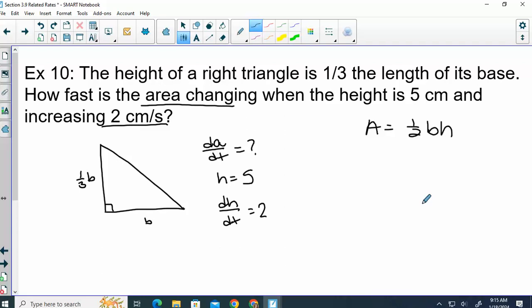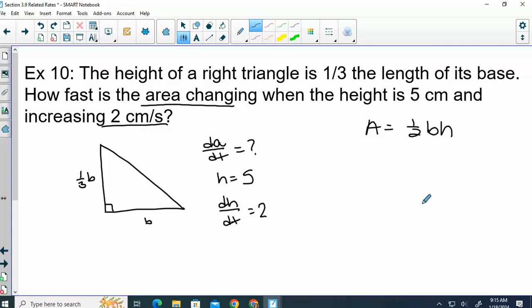We probably would like to get rid of one of those variables first. We need dA/dt. I have information about h. Did I give you anything about b? So the base is actually the one I want to replace. I don't want it to be in terms of the base.